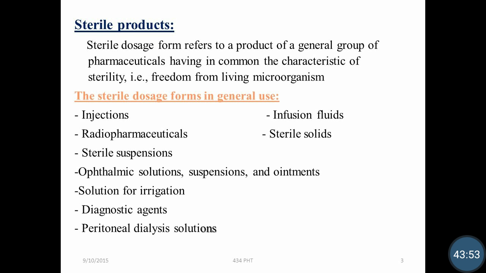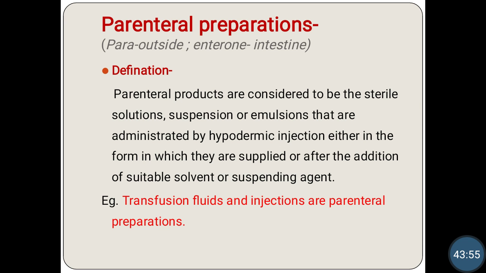Now in this chapter we are focusing on the parenteral preparations which are given by the parenteral route. Parenteral route means beyond the intestine. So we have seen the different routes of parenteral administration. There are a number of routes by which we can administer or inject the parenteral preparations.